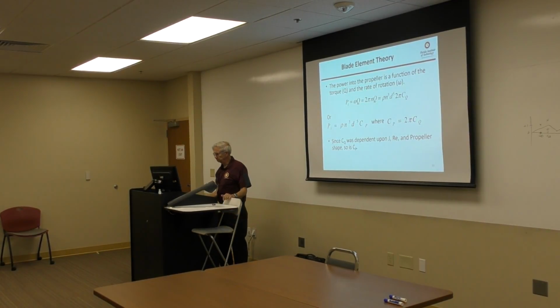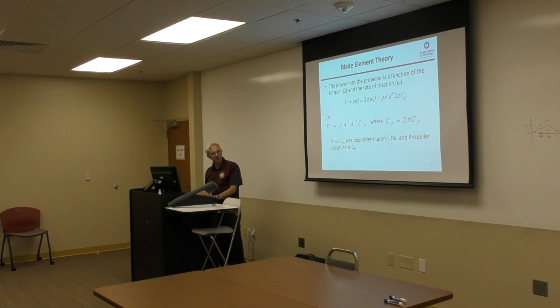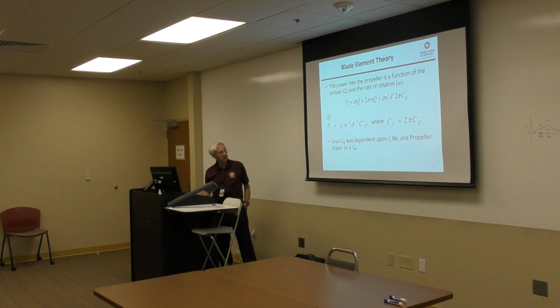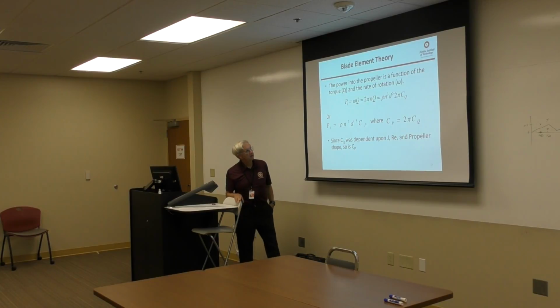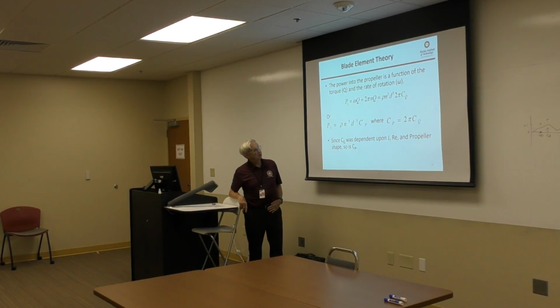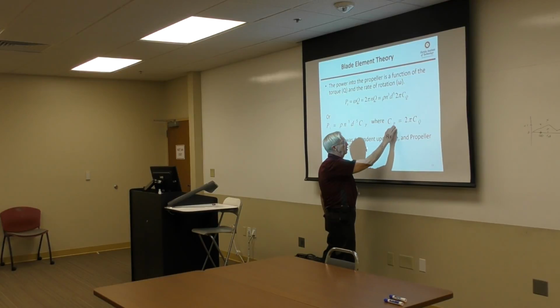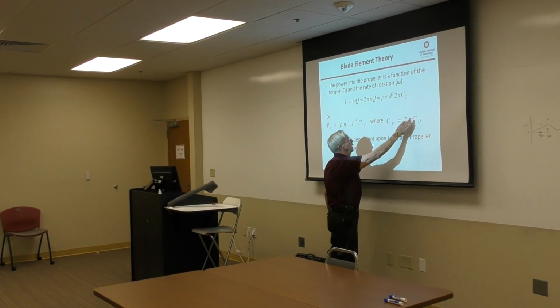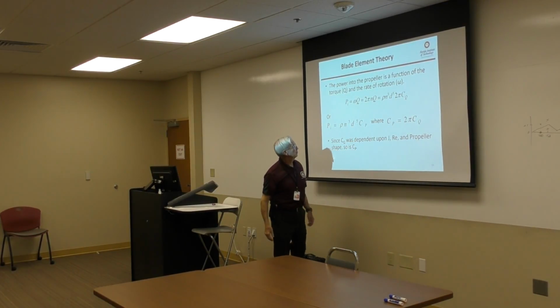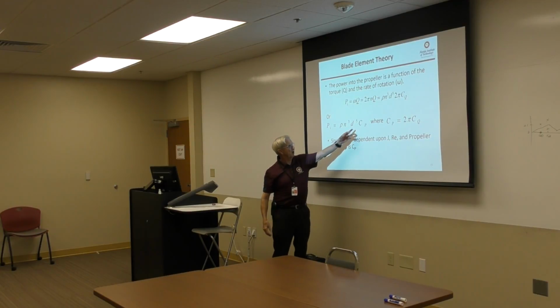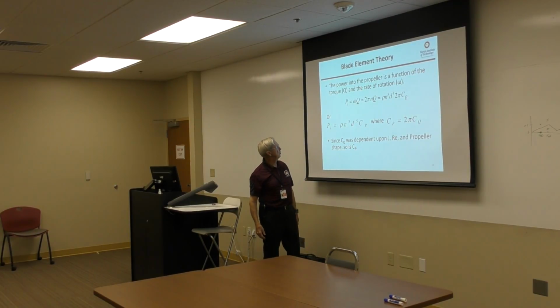So the input power that we have to put in ends up being, again, much like the drag coefficient. We have the torque coefficient here, and we'll say the power coefficient is just 2 pi times the torque coefficient. We can write this with the power coefficient, which is like drag coefficient.